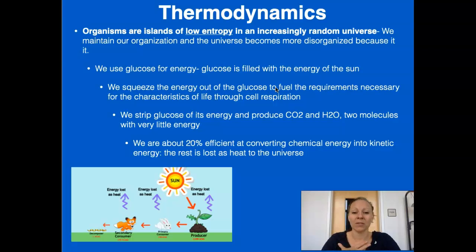And so we strip it of its energy, and we take glucose, and then we produce carbon dioxide and water, 2 molecules with very little energy. So we take the energy and we are creating 2 molecules, increasing entropy, and we're taking the energy to do this. And so therefore, we are creating entropy in the world around us in order to maintain our low entropy.